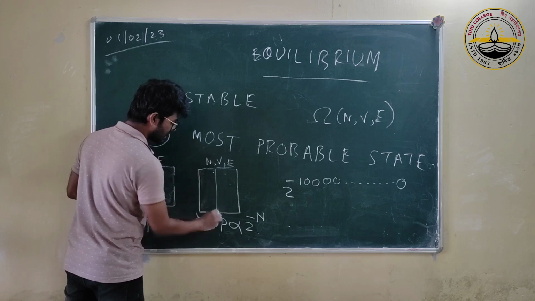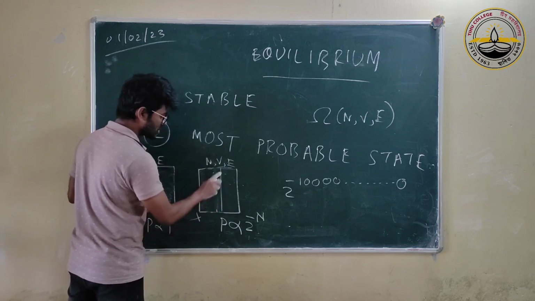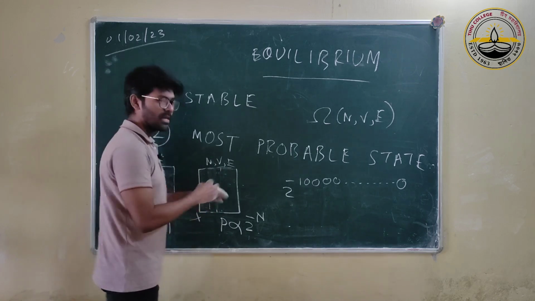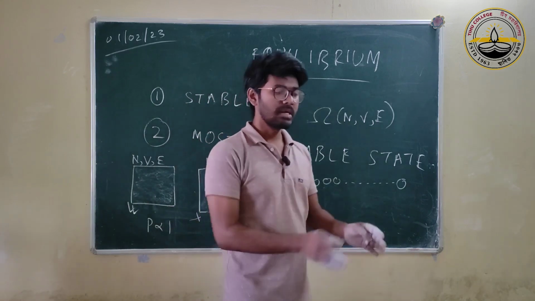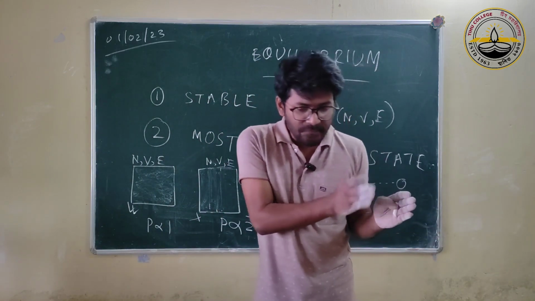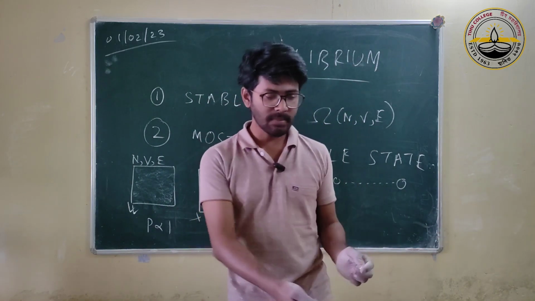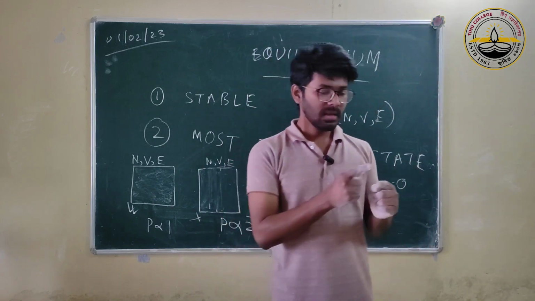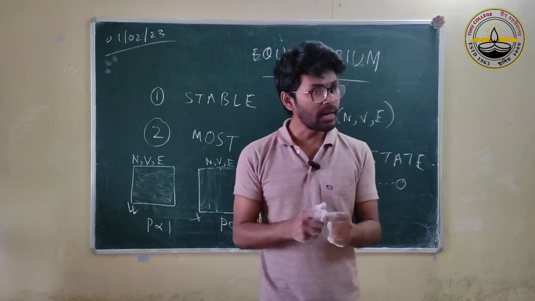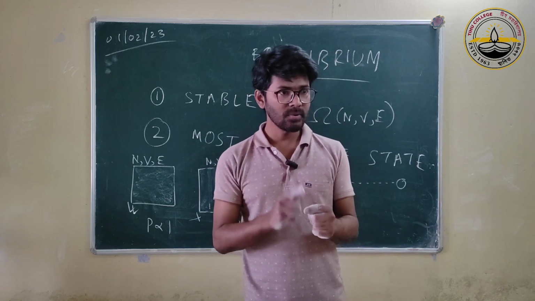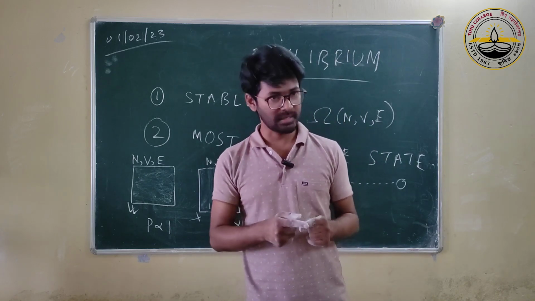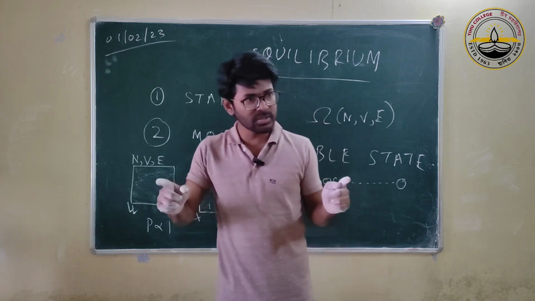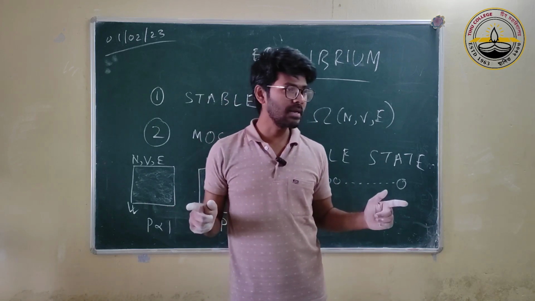Any of these states, this, and let's say this, they all have various probabilities. But if you count every microstate, for example, throwing a dice, the probability of finding 1 is 1/6, probability of finding 6 is also 1/6. So all these microstates have the same probability.